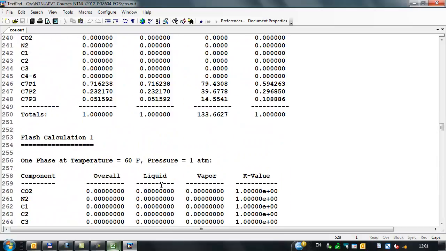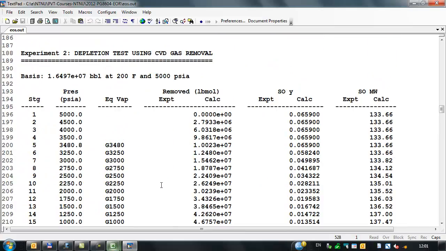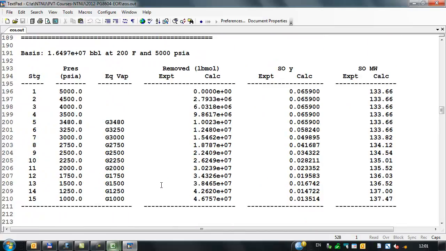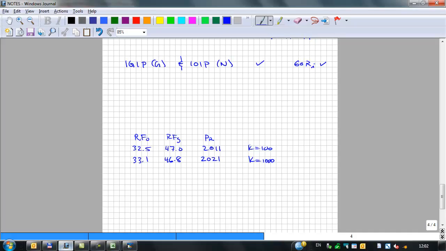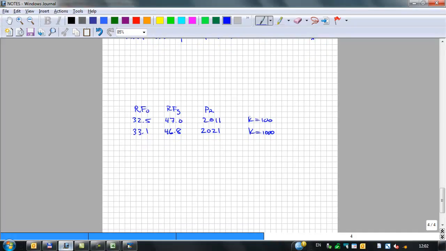I think we're going to ignore that and just take these results into an Excel spreadsheet and do cumulative moles removed. We're going to separate that into surface gas and surface oil. We're going to add up the oils and the gases, and when we get down to 2,000 pounds, we're going to find out how much of the original surface oil and gas we have produced. And those numbers will compare with these numbers here.